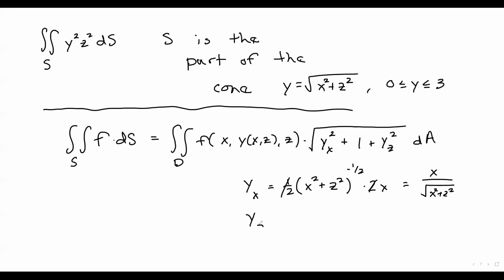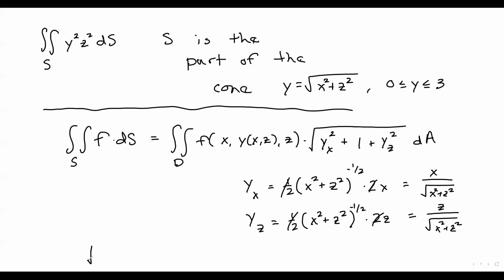Then take y and differentiate with respect to z. And that guy simplifies to that. And then if we go through, take those, pop them into our formula and square them, what's going to happen here?